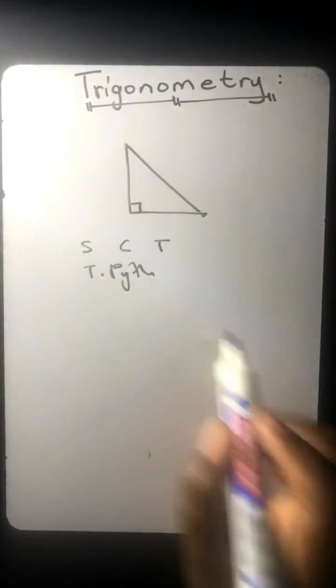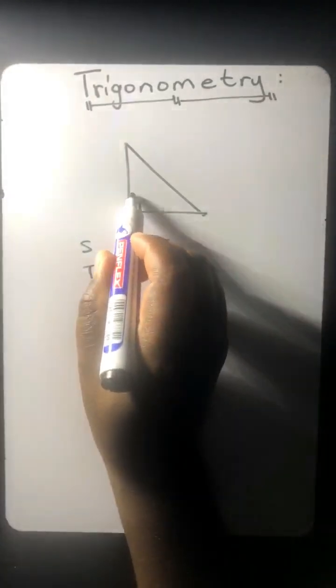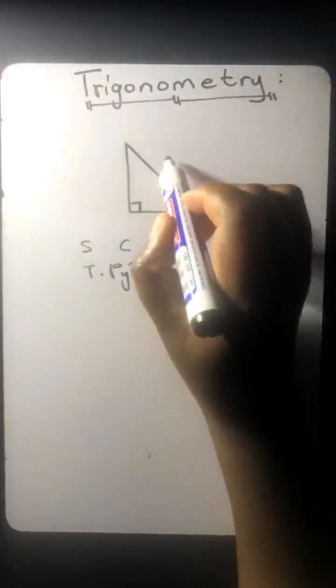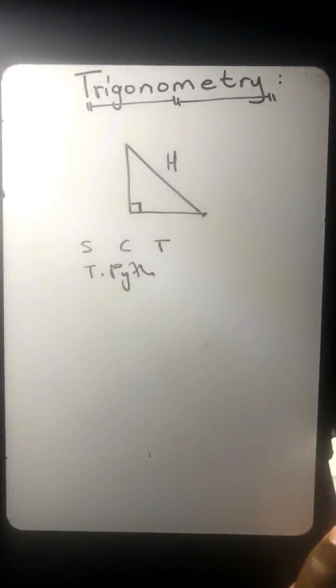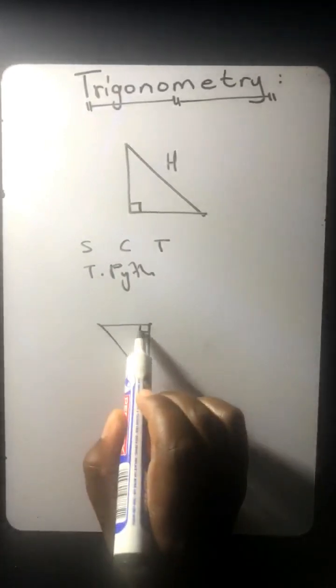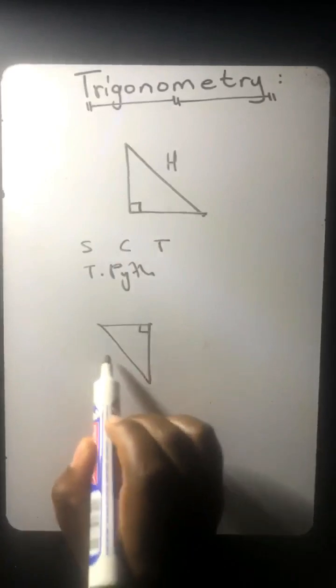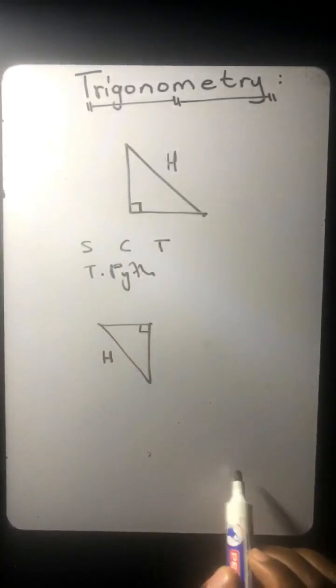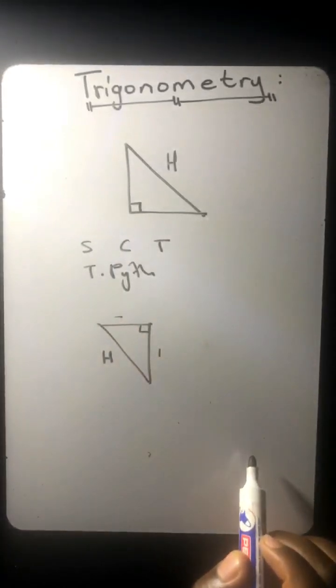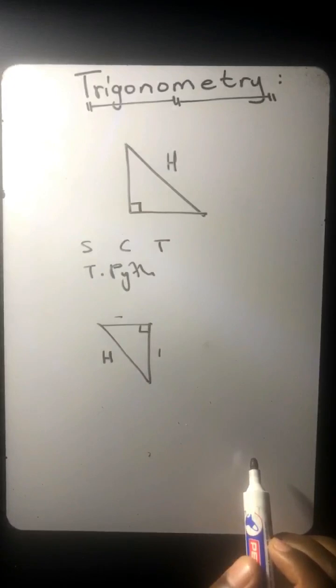When we are dealing with a right-angled triangle, you already know that the side opposite the 90-degree angle is the hypotenuse. But you cannot tell which side is adjacent and which is opposite until you are given a reference angle.